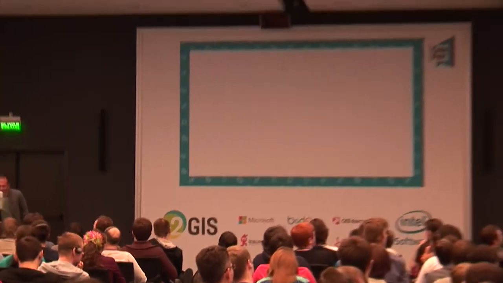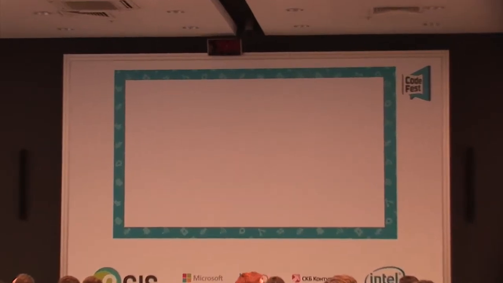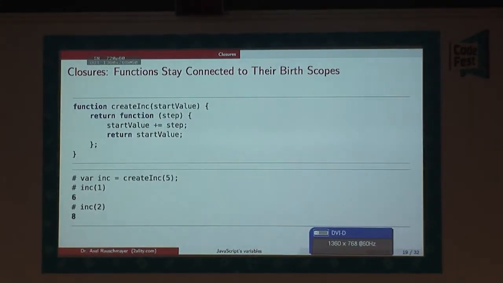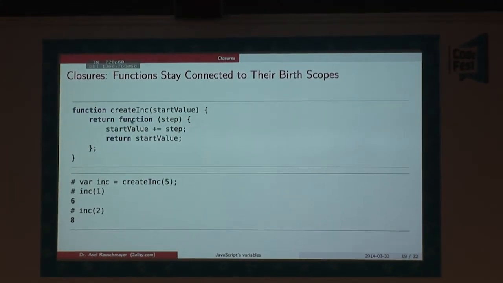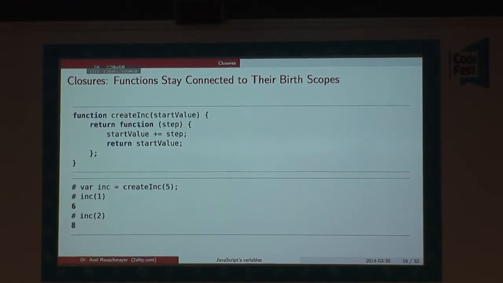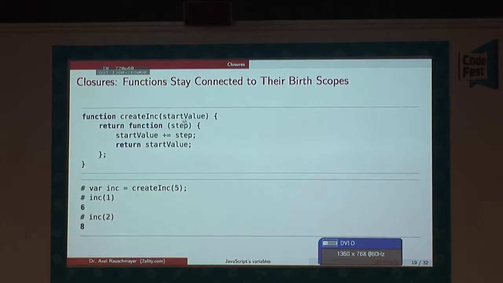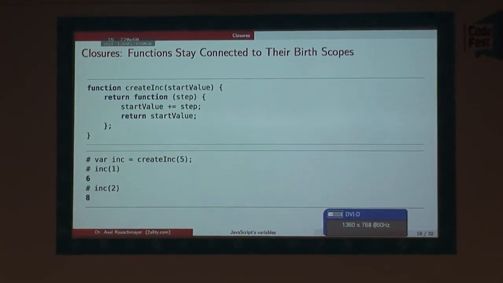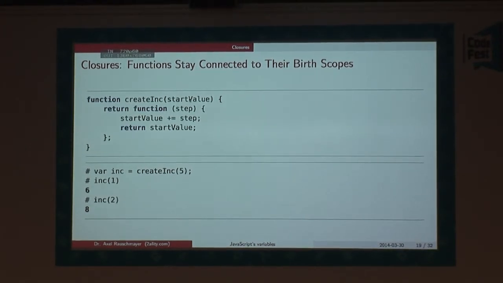So what create_inc does, you call it with a value. Well, you can see it down here, and it's up here. And what it does, it returns a function. And that function has start value as kind of a hidden global variable inside.